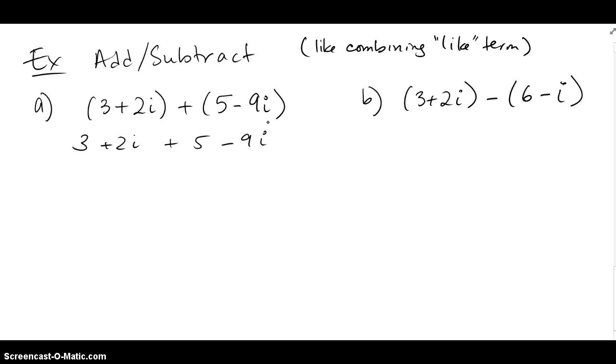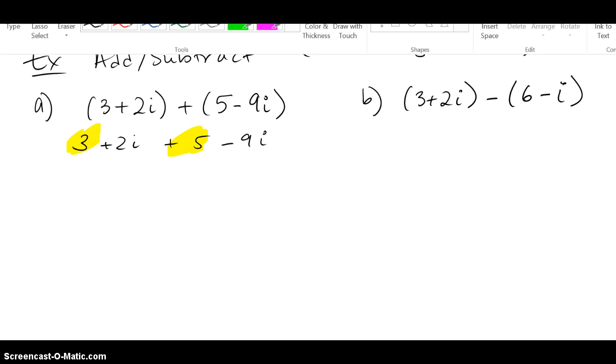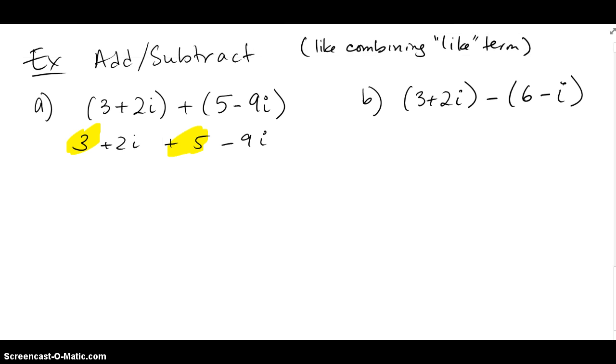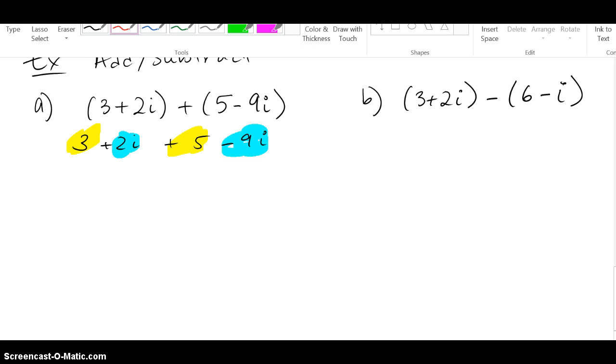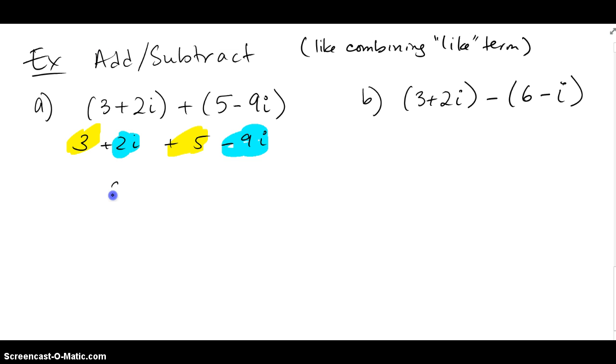I'm going to look at the real parts together, which are 3 and 5, and I'm also going to look at the imaginary parts together, which are 2i and -9i. That's going to ultimately give me 8 - 7i. All I do is combine the real parts and combine the imaginary parts.